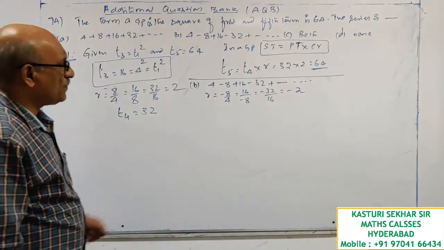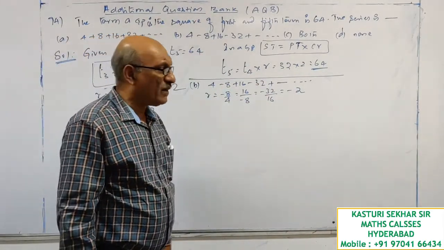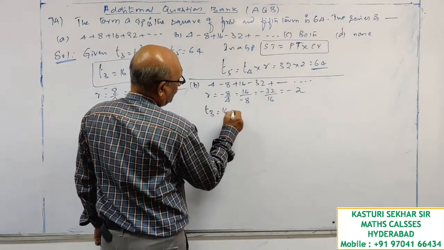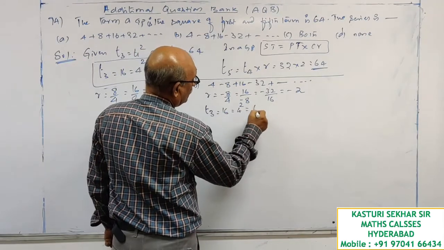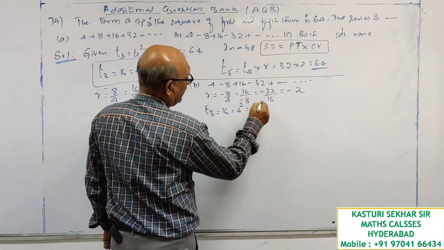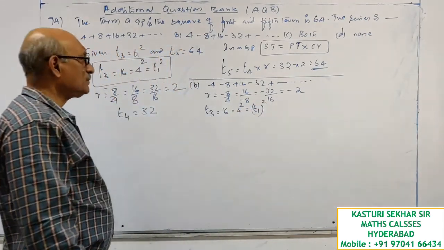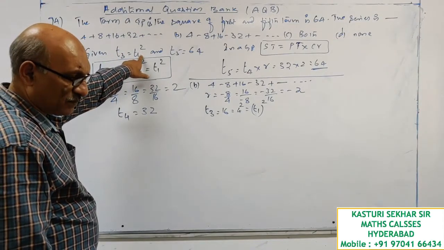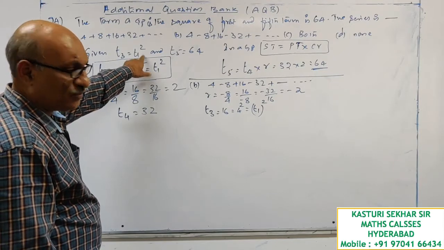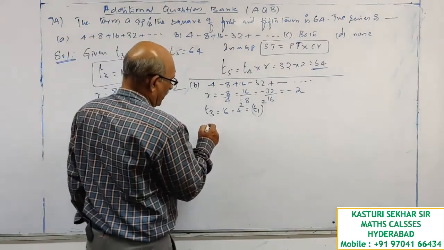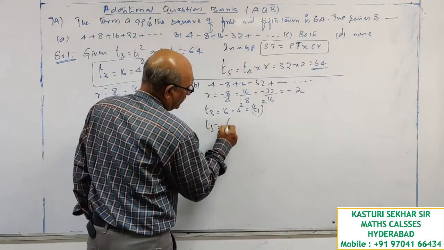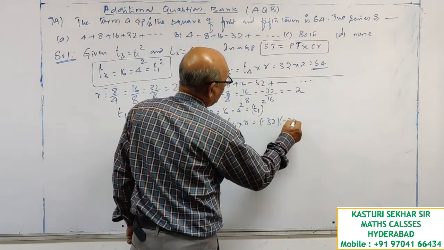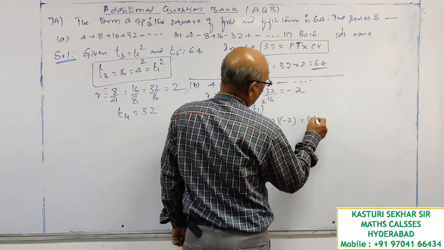Common ratio is the same, so this sequence is in geometric progression. T3 is equal to 16. This is 4 square. 4 is nothing but T1 square. The third term of a GP is equal to the square of the first term. So this condition is also satisfied. Now T5 is equal to T4 into common ratio, minus 32 into minus 2. This is 64.